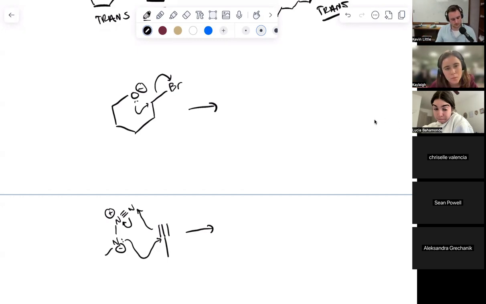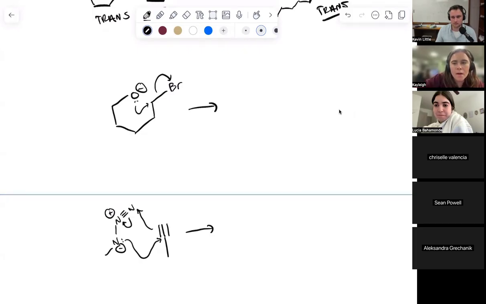So if it's going onto that carbon that's in between the bromine and the other carbon, is the double bond going in between the carbon-carbon or in between the carbon-bromine? A double bond.